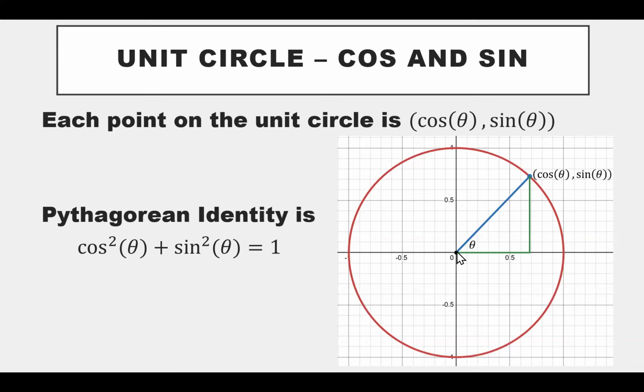So we have this right triangle where one leg is cosine of theta and the other leg is sine of theta. Now, since it's the unit circle, the radius is 1, and we can see this blue line segment therefore has length of 1. Based on that, we get what we call the Pythagorean identity, where cosine squared plus sine squared is equal to 1. That's the Pythagorean theorem with this right triangle here.